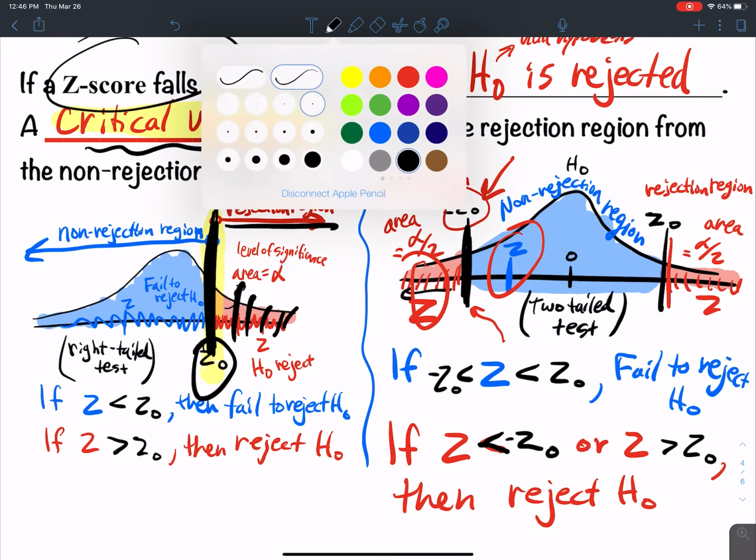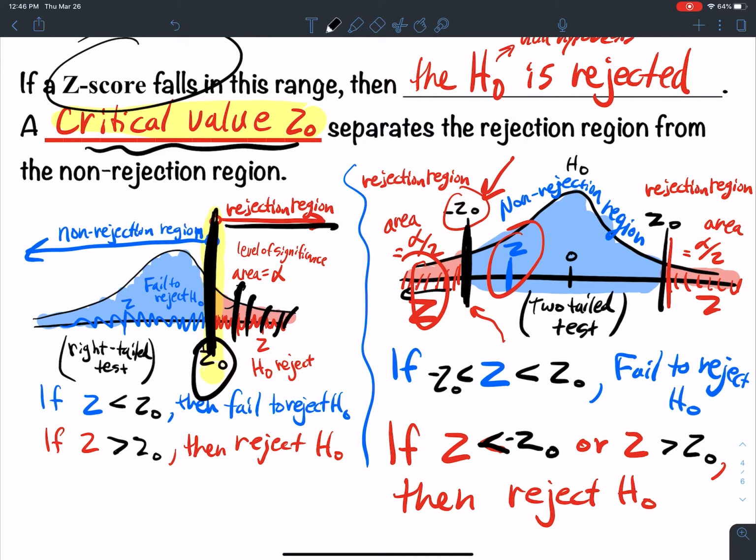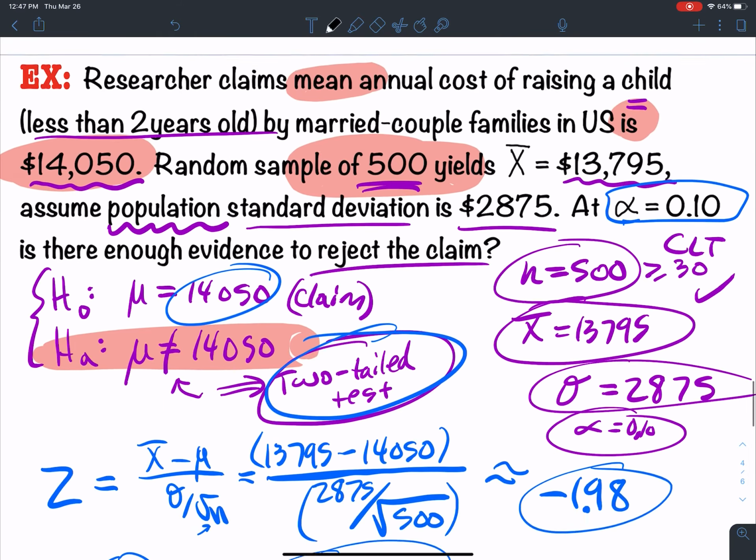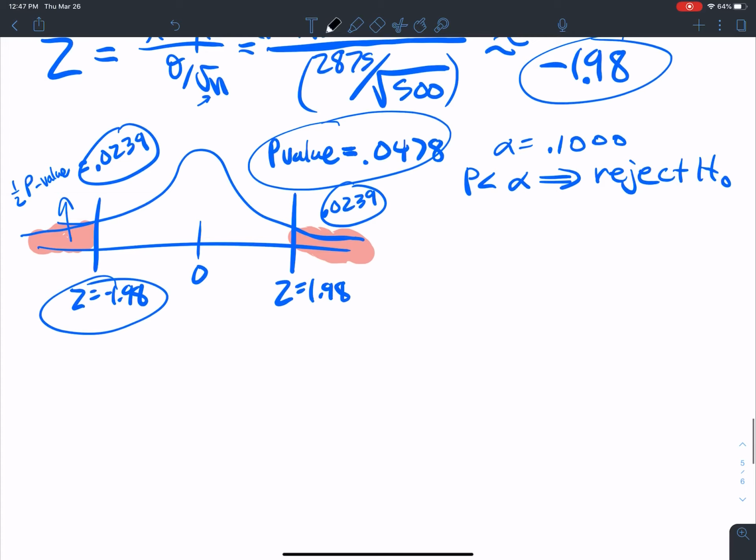So for a two-tailed test, like in the middle here, we're okay. We're going to fail to reject. That's the non-rejection region. But if I fall out here or I fall over here, I get a z-score over there, then I'm going to reject that thing. Reject the H naught.